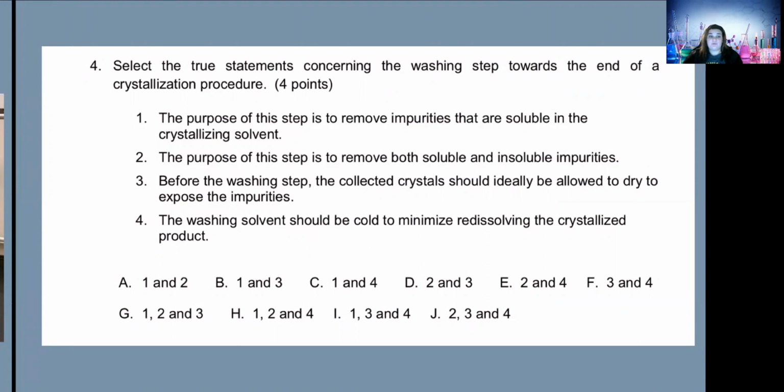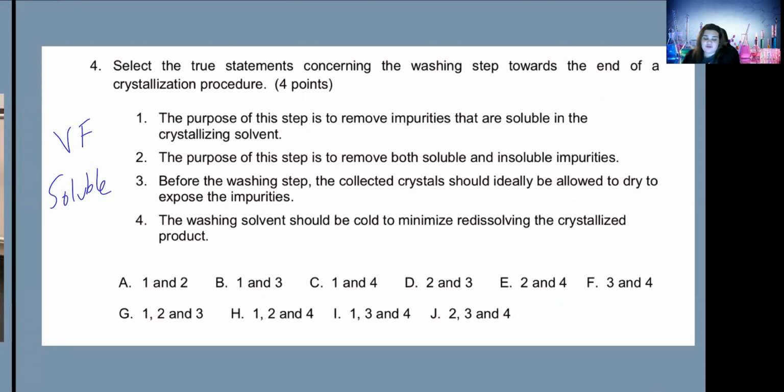We want to perform this via vacuum filtration. So with vacuum filtration, I'm going to put VF for vacuum filtration. You guys remember, was it soluble or insoluble impurities? Good, soluble. Right? Vacuum filtration, we're removing soluble impurities.